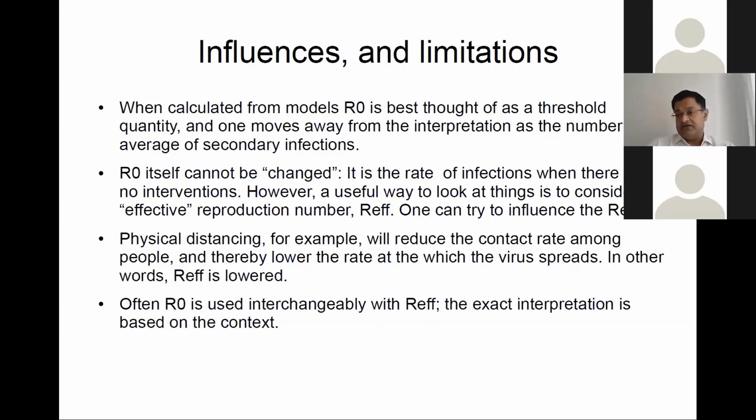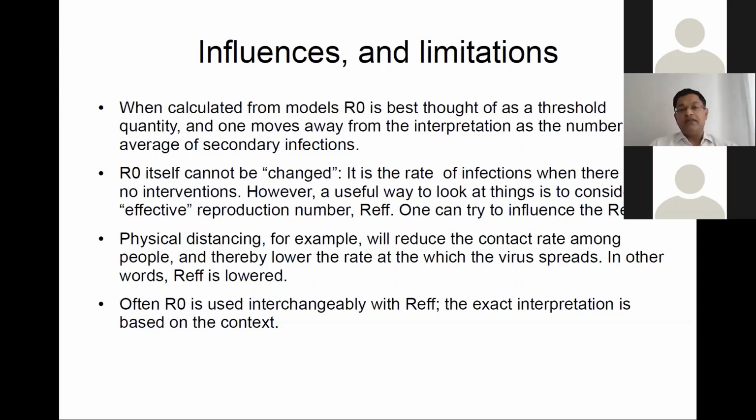We will use the equations to show that this number actually appears in the equations, and whether R0 is greater than or less than 1 is going to determine whether the rate of infections is positive, in which case the infections will grow, or negative, in which case the infections over time will decrease, will go down.